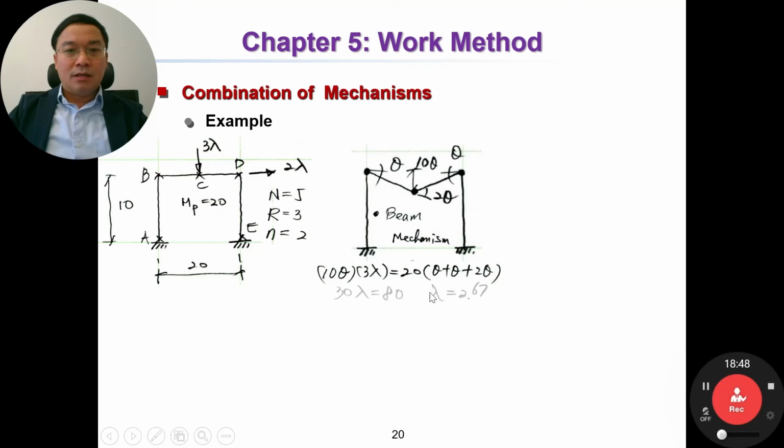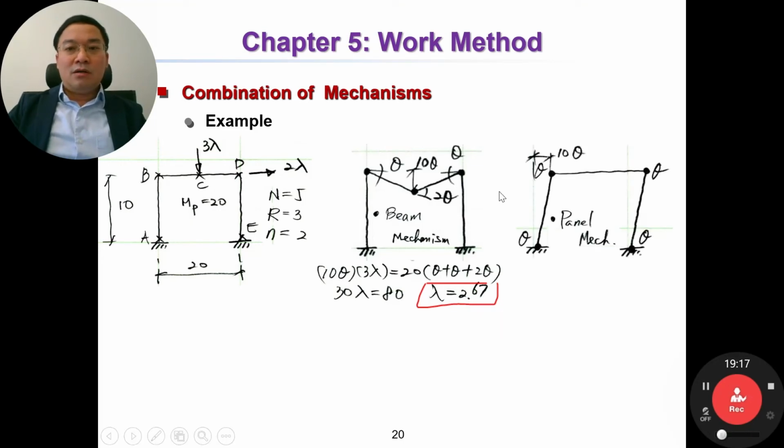Using this equation, we have lambda equal to 2.67. If you are confused, just stop and check why. So with the beam mechanism, lambda equal to 2.67.